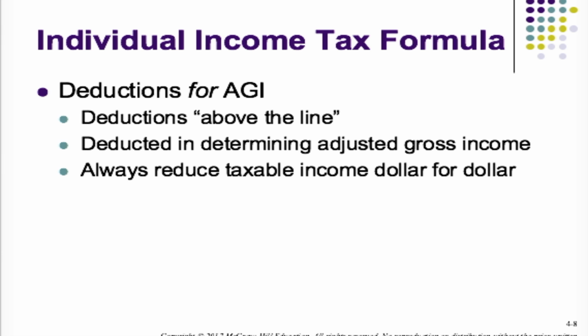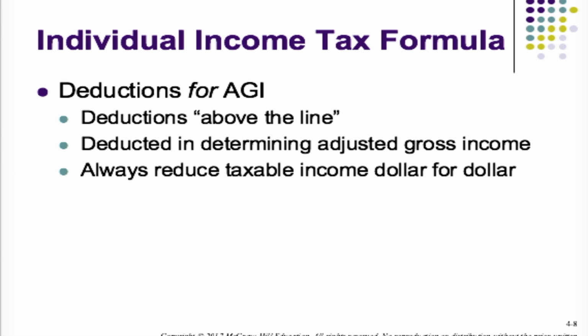That's why it's for AGI, for the calculation of AGI, or from AGI, meaning you're going to reduce AGI further. This is important because AGI is used throughout the tax code as a threshold in many other areas of taxation. So you'll use AGI as a reference and be given maybe a percentage of AGI or some other amount related to AGI that you'll use to calculate other parts of your tax calculation.